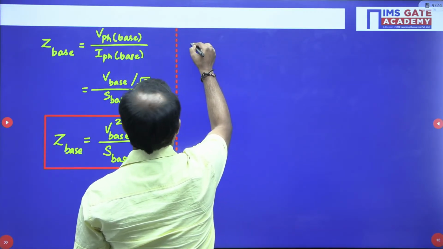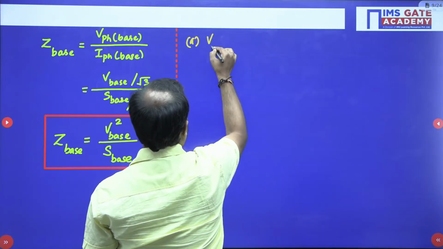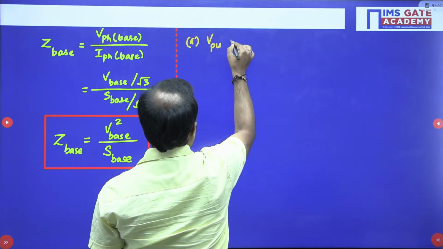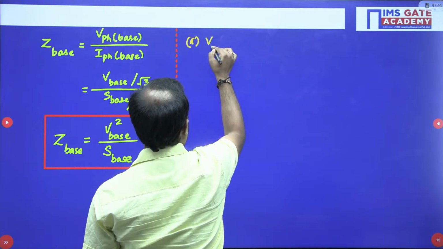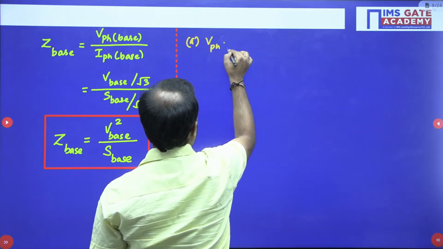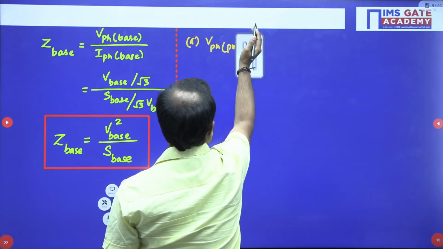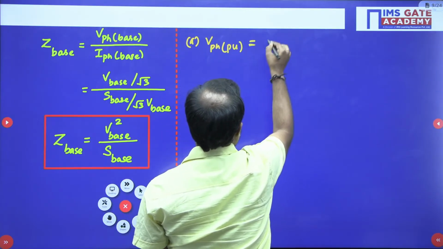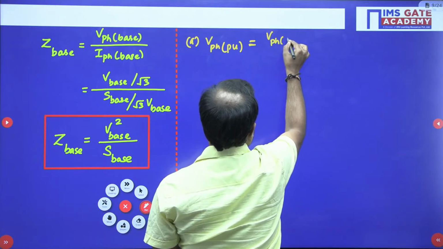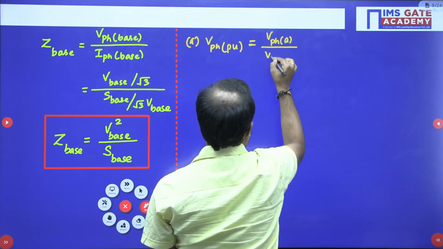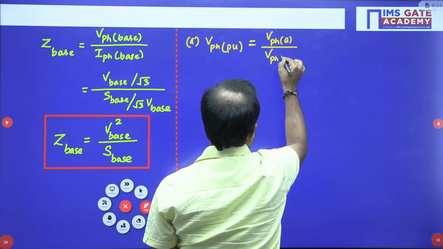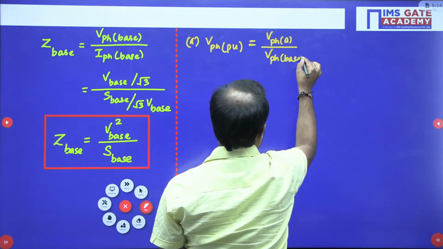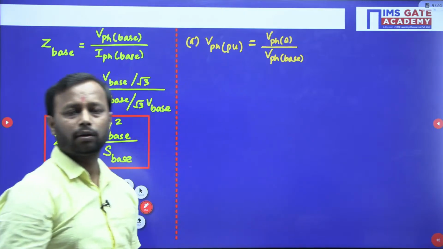So V per unit or V phase per unit. V phase per unit is what? By the basic definition of per unit, V phase actual divided by V phase base. Done my dear friend, any doubt? Is this clear to everyone?